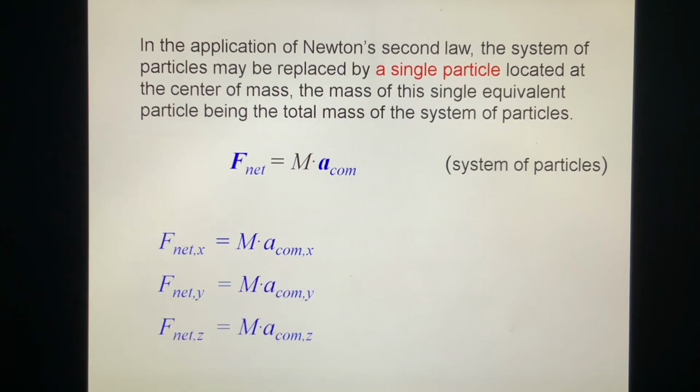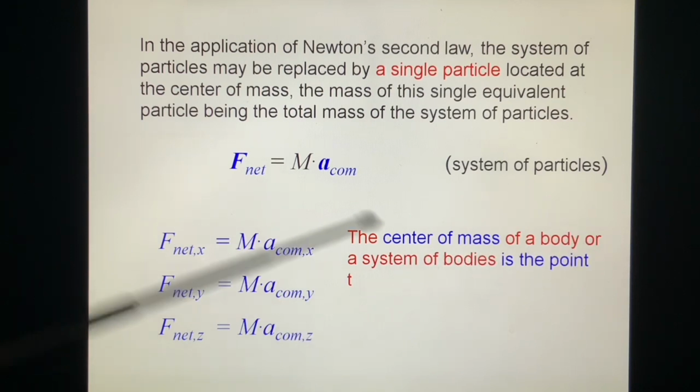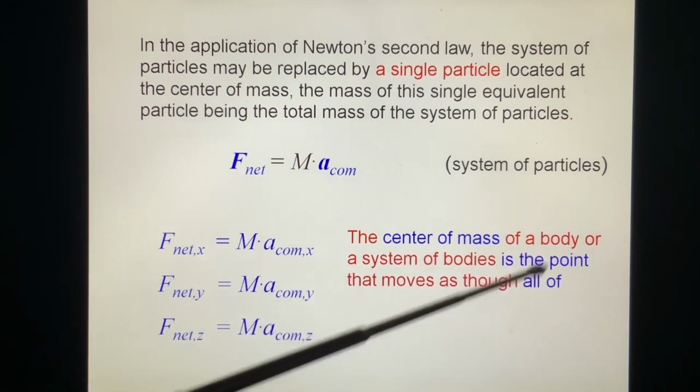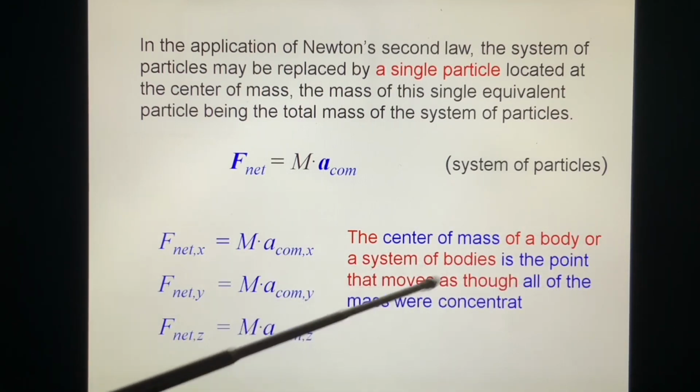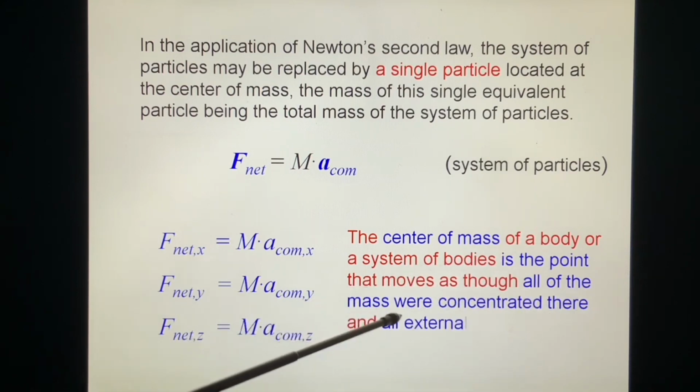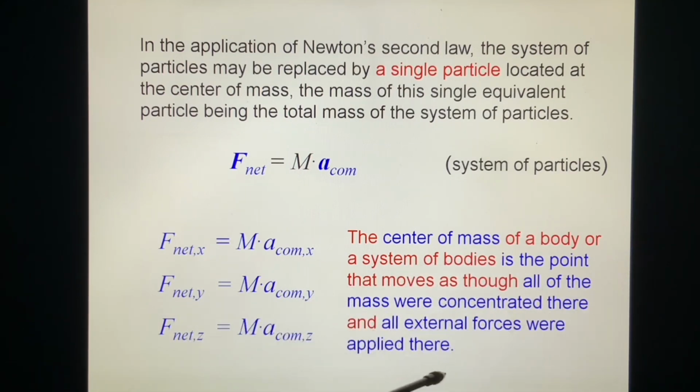They are independent, so this looks like a single particle's Newton's second law, and this single particle is the center of mass. As we mentioned before, the center of mass of a body or a system of bodies is the point that moves as though all the mass were concentrated there and all external forces were applied there.